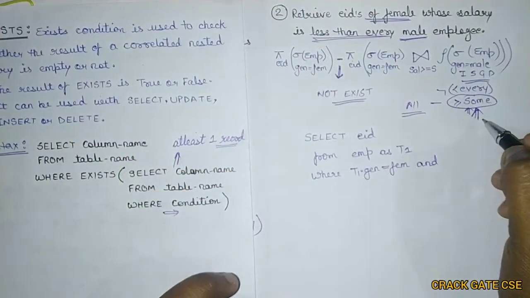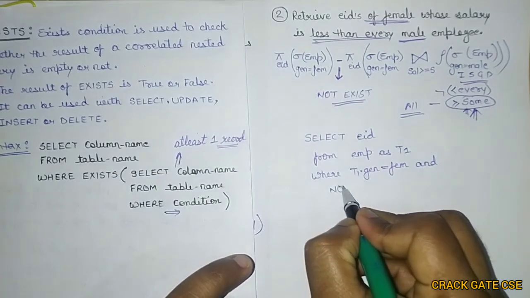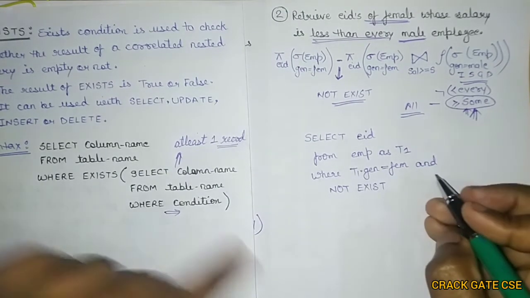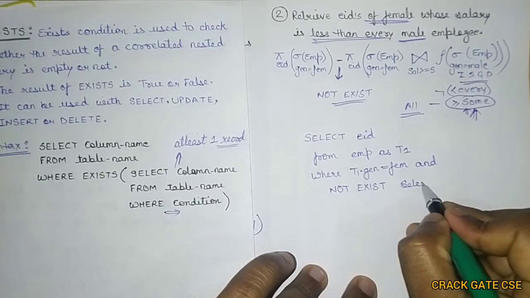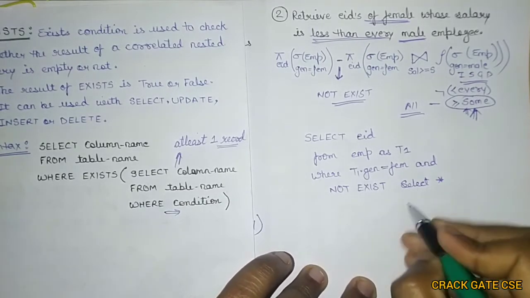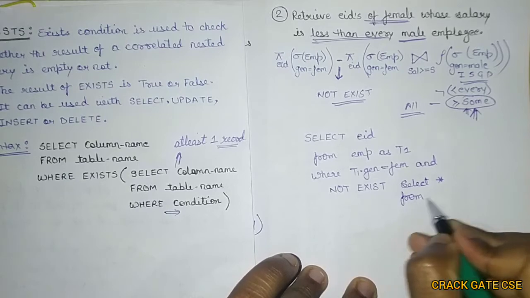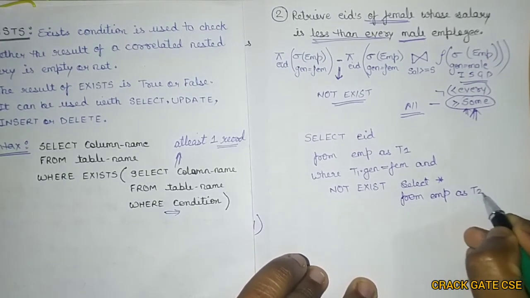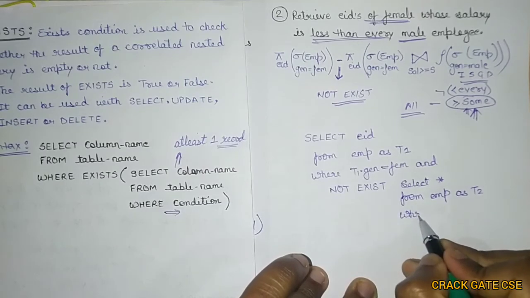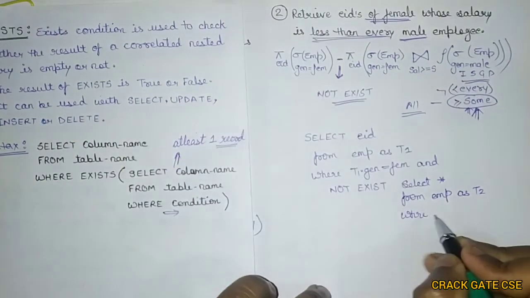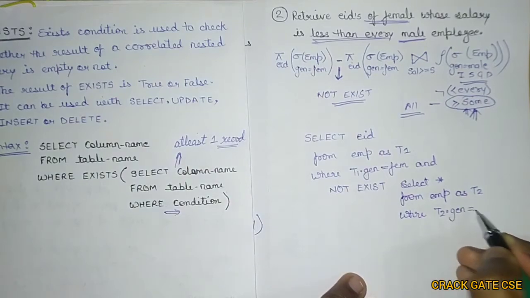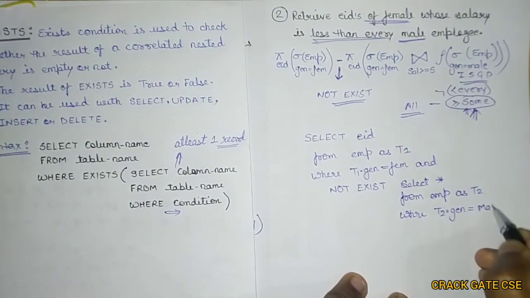Now we will be dealing with sum. How? Not exists. Again use the same syntax, that is select star from employee, and I am renaming this employee as T2, where now we have to satisfy the right hand condition, that is T2 dot gender has to be male, because for the right hand side table gender has to be male.